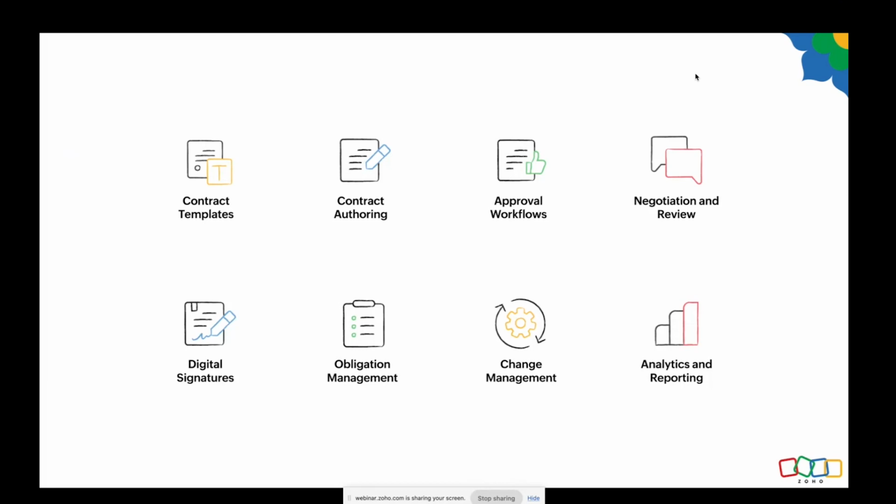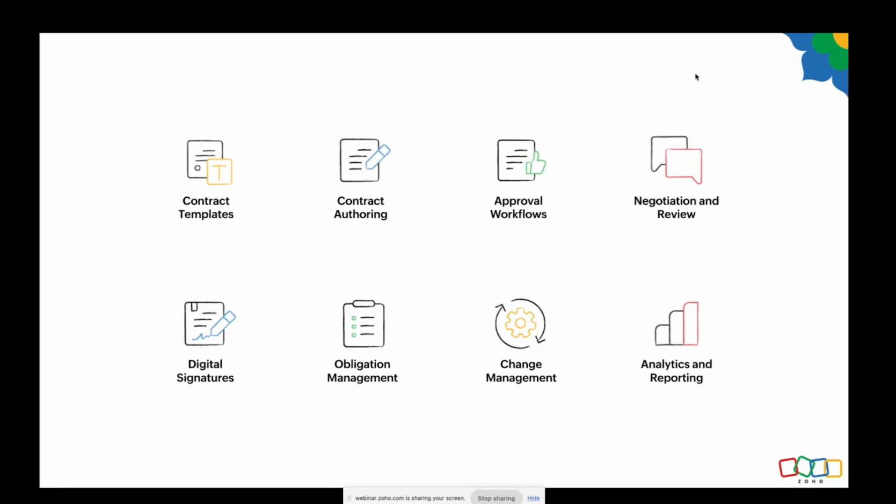One is the contract templates, where you can create and configure your templates from scratch, author the contract document, associate an approval workflow internally, negotiate your contracts online through password protected links, e-sign your contracts, and manage contractual obligations. Change management, as in the ability to amend, terminate, renew, and extend the contract, then analytics and reporting, which is supported within the tool itself.